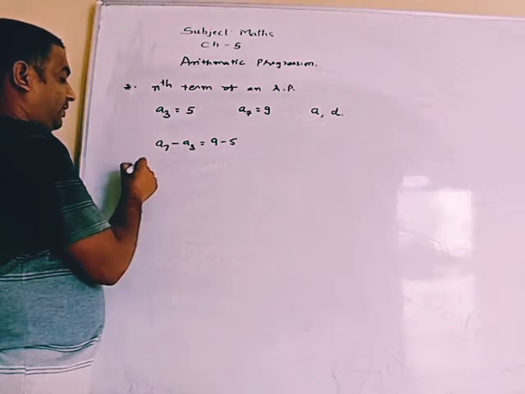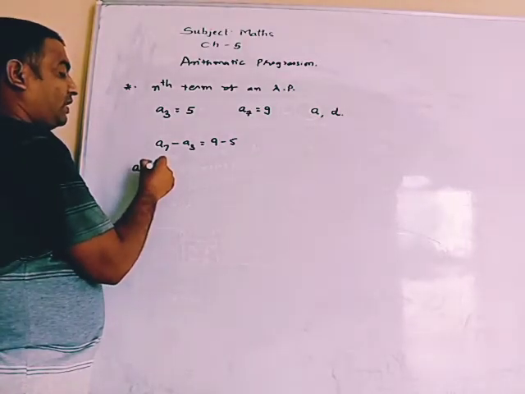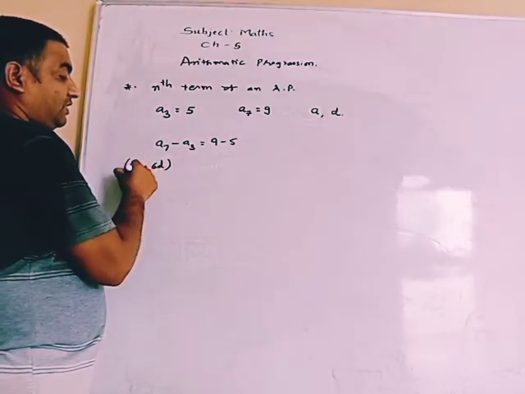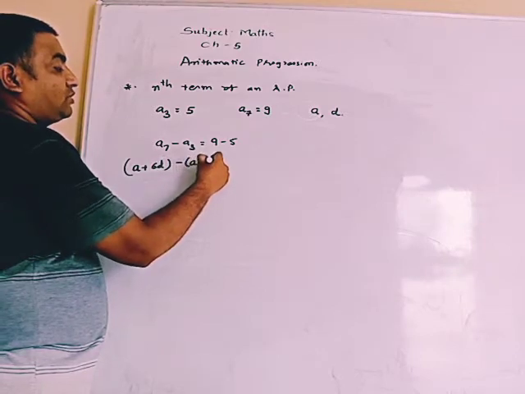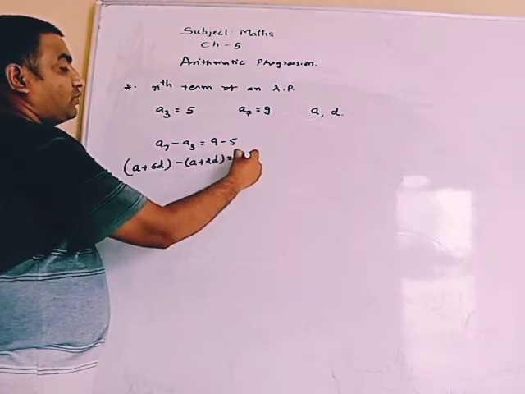As per the general formula, a7 is a plus (7 minus 1)d, that is a plus 6d, minus (a plus 2d), equals 4.